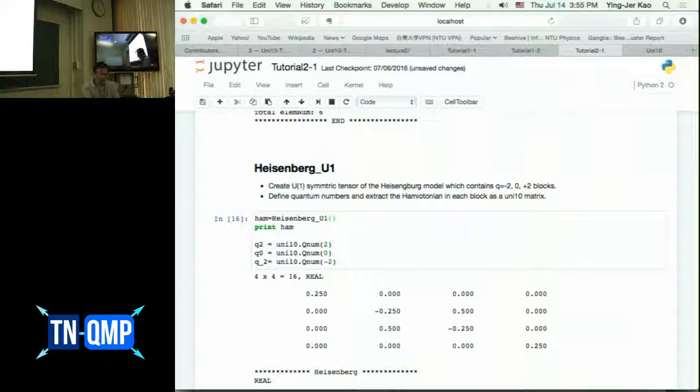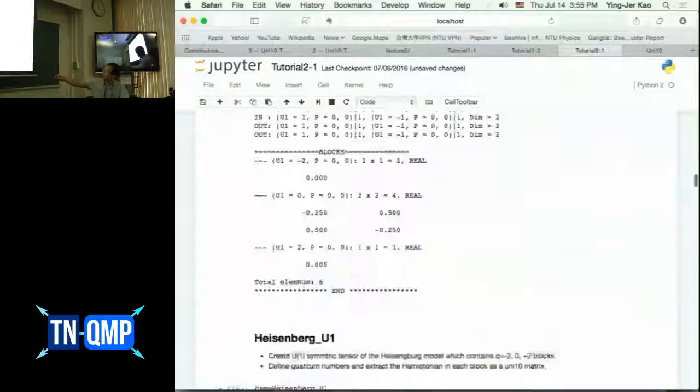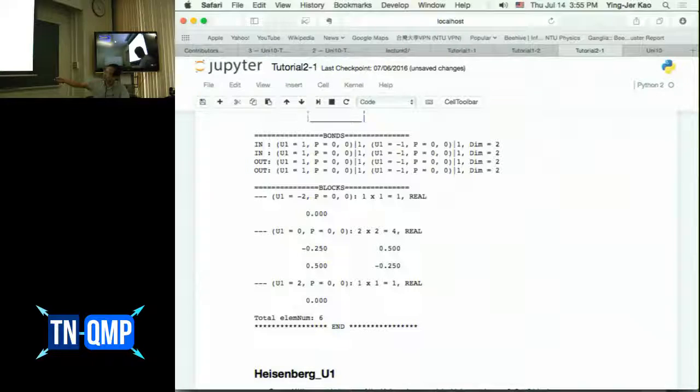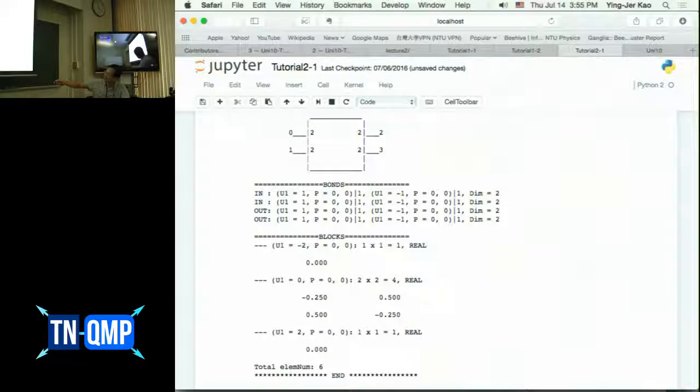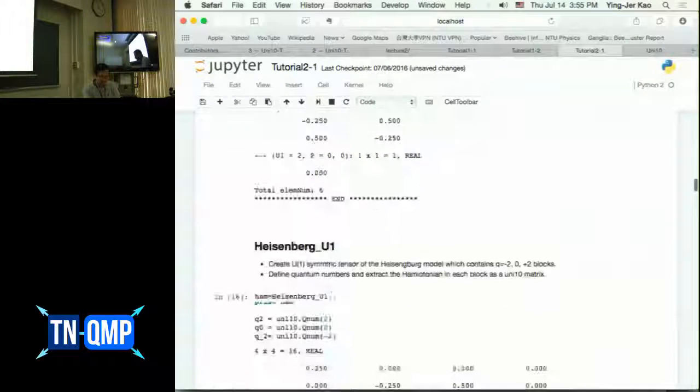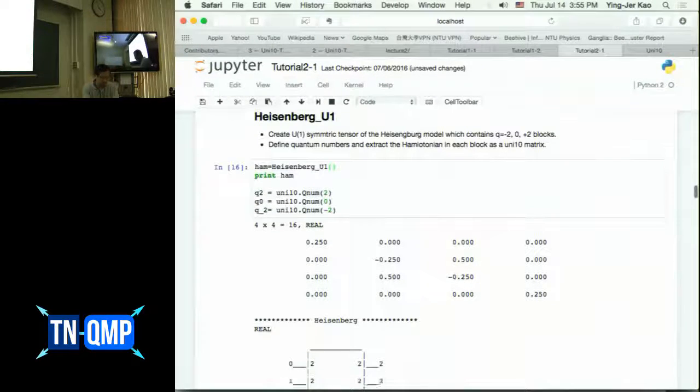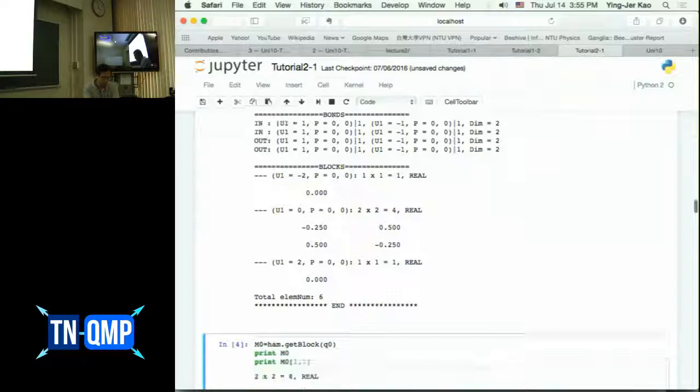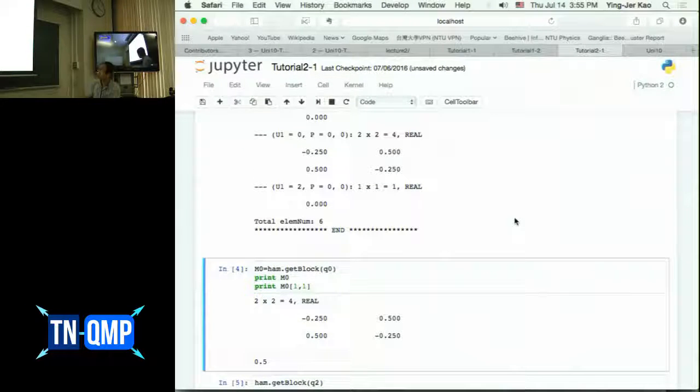I look at my Hamiltonian, and I know my blocks will have these U1 charges: -2, 2, 0. I just define them, and the reason I want to do this is that I can take out a block directly and put it into a matrix.